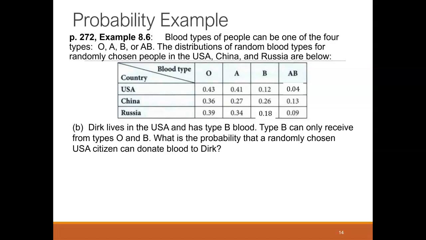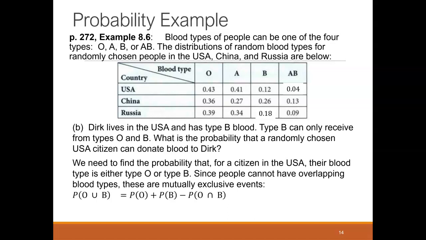So we look in the USA row, and we look at the probabilities of O or B, and those are mutually exclusive because you can't have blood type that's both O and B at the same time. So we just add the two probabilities together. Now I did this with the general rule because I always think about the general rule and just put a 0 there if they're mutually exclusive.